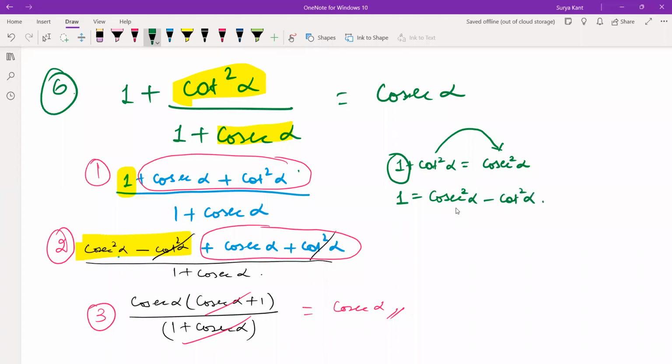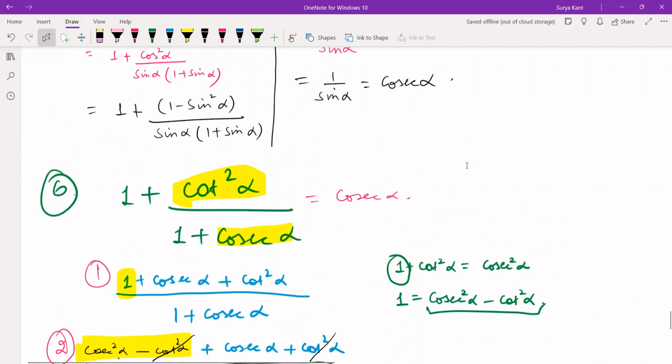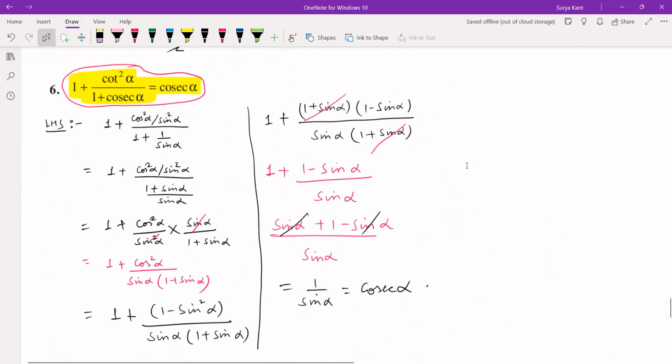Clear? Sir, so in many cases we'll get 1 is equal to something. So according to the rest of the question, we should try to mold it for our convenience. Here cosec and cot are coming into the picture, so we are finding cosec and cot only. So either you can do it in the previous kind of sum or that one.